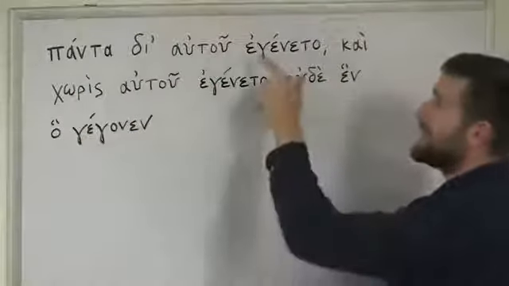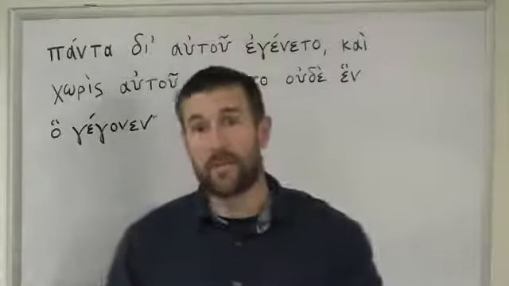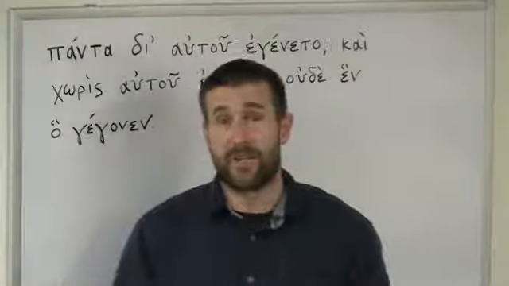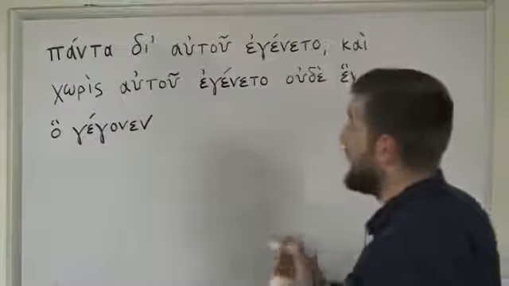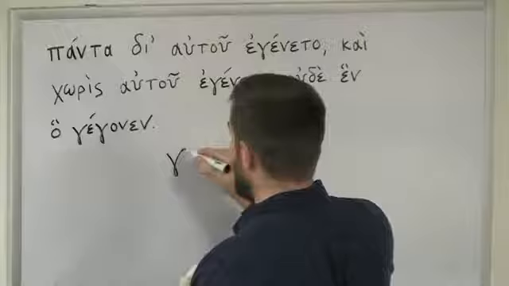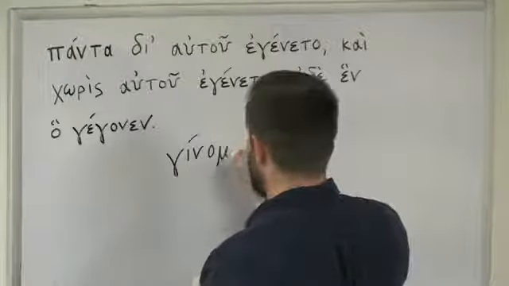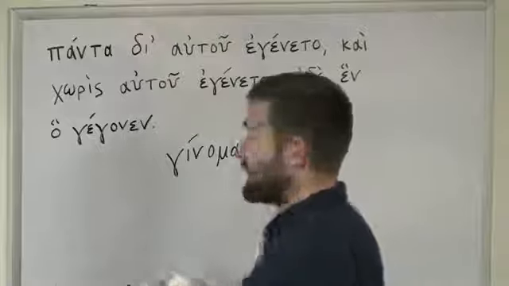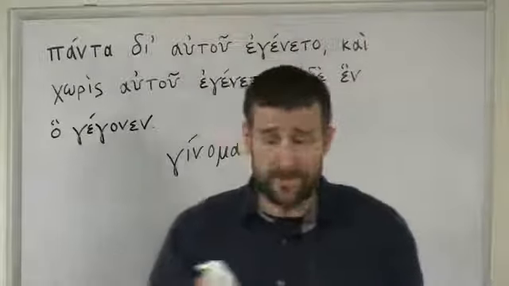And then the next word is αγένετο. Now, αγένετο is a word that you want to familiarize yourself with because it's very common when you're reading the New Testament. It is a past tense form of the verb γίνομαι. And γίνομαι means to be or to become or to come into being.